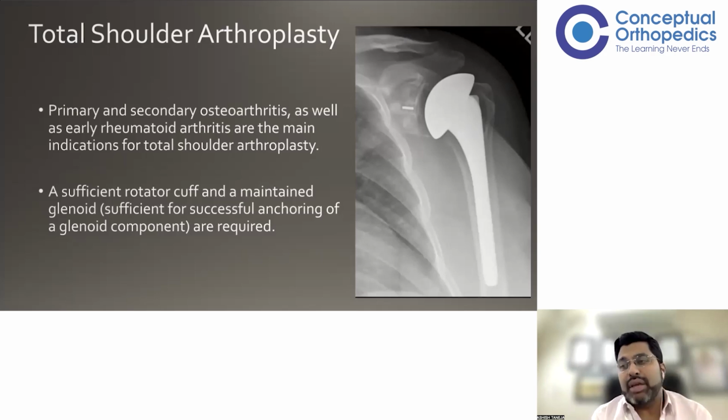What is the main prerequisite for a total shoulder? An intact rotator cuff and a good glenoid where you can put your glenoid component. These two are the most important prerequisites for a total shoulder arthroplasty.